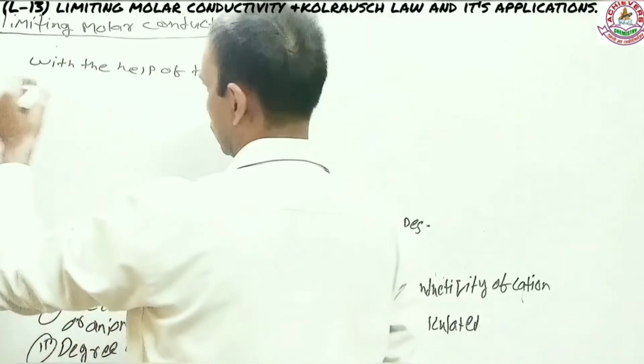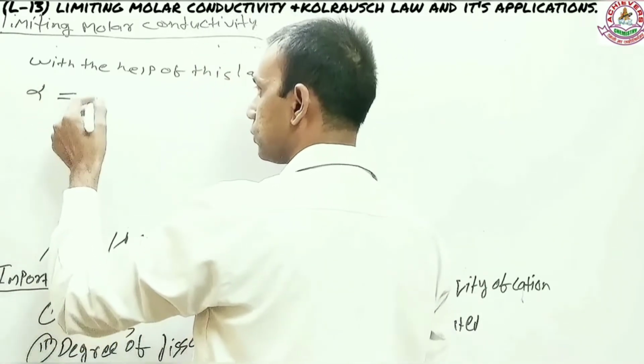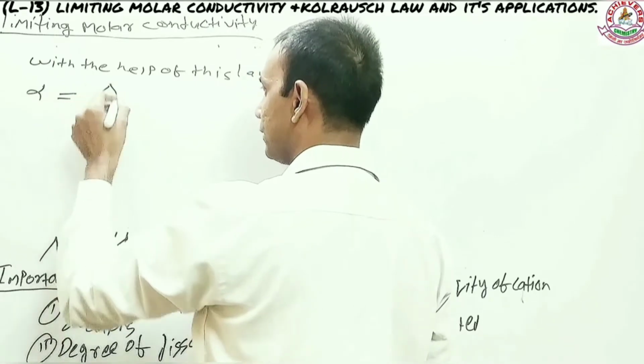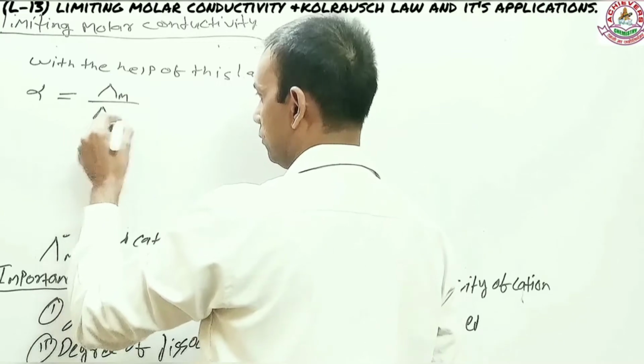Now the question is how? If you remember, alpha, which is also called the degree of dissociation, is calculated as lambda upon lambda naught.